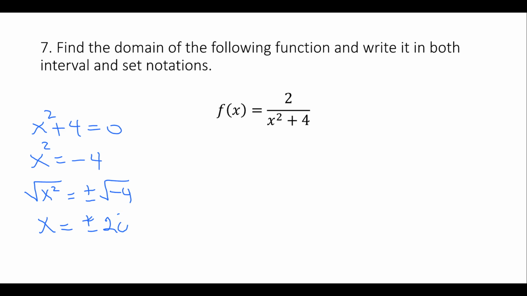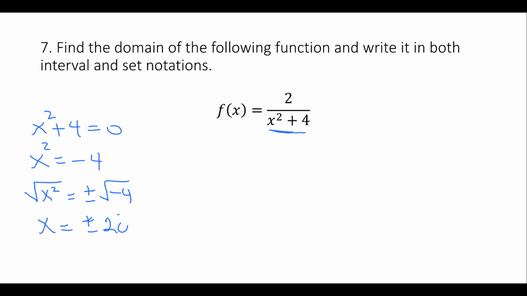But then what is the domain? Well, the domain looks at what x's am I allowed to use so that my function is a real valued function. To set the denominator equal to 0, that means I'm looking for any problematic x's. But the only problematic values that I found are not even real numbers. They're imaginary numbers. So then what does that mean? Can I possibly have any numbers x that are going to force me to divide by 0?